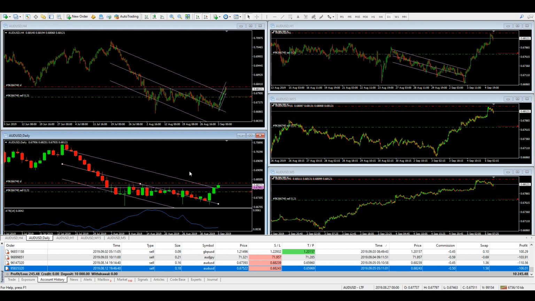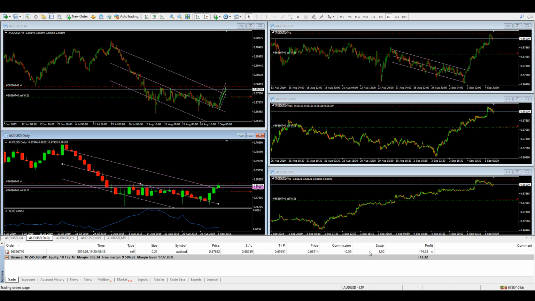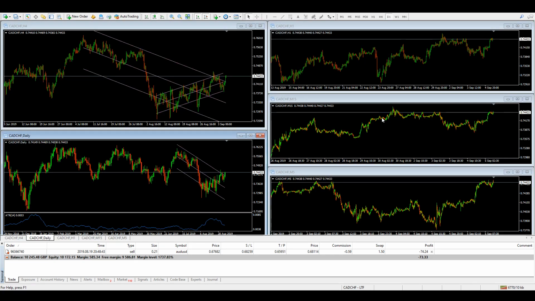So this may be one that I in fact get back into, but again, it's just a case of not being scared of what the market's done to me previously, and just not holding any grudges against it. So if the price action's there, it's tradable. So that may be one to come back to.